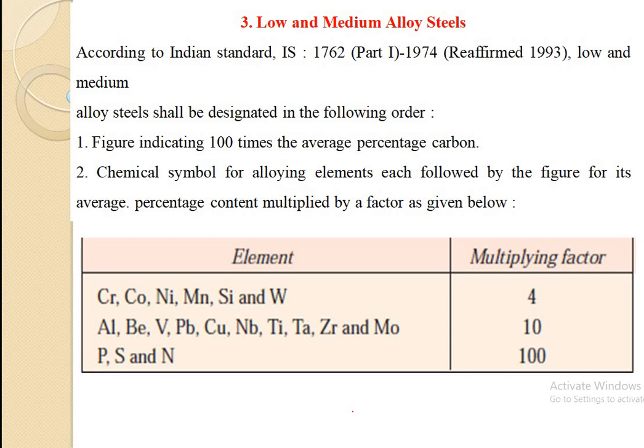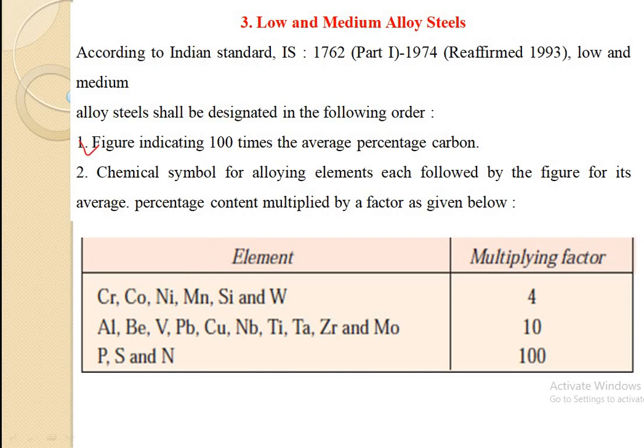Alloy steels are nothing but mild steel in which different alloying elements like chromium, cobalt, nickel, vanadium, tungsten, titanium, sulfur, nickel, phosphorus are added to improve its properties. These steels are known as the alloy steels. Let's see the procedure of how low and medium alloy steels are designated on the basis of chemical composition.